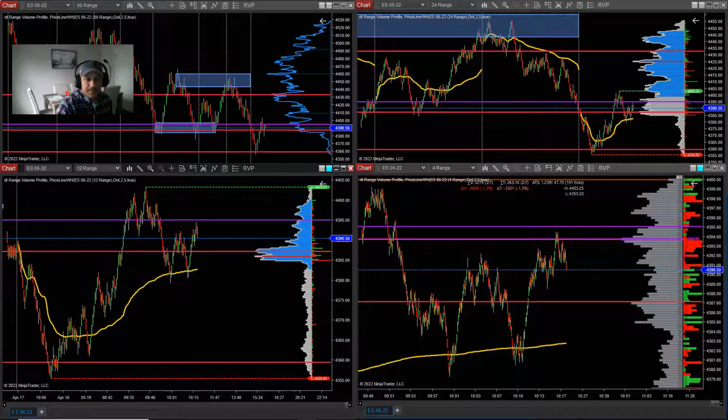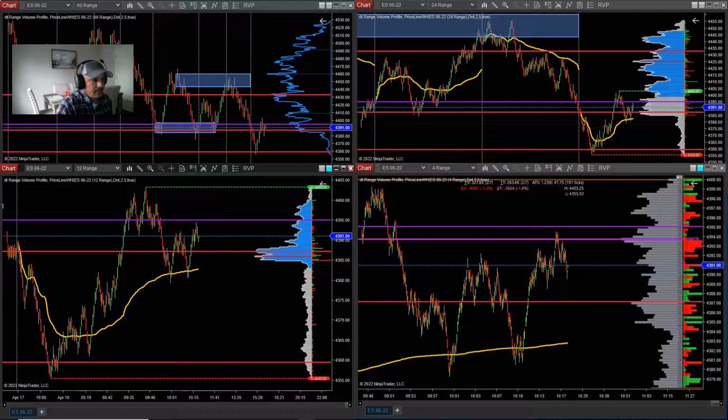Yeah, gotta see price break below here. Gotta see it break below. It may try to push higher, but I've got this area of resistance.